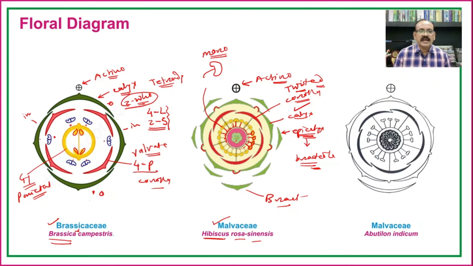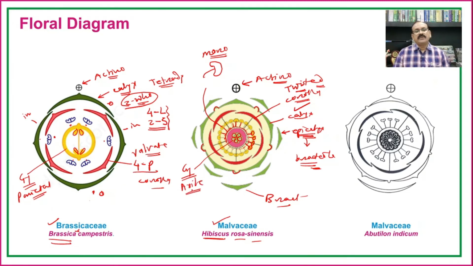In addition to that, here in the center there is the ovary, and in this ovary there is a pentalocular condition, and all the ovules are developing from the center, and such a type of gynoecium or ovary has axile placentation.